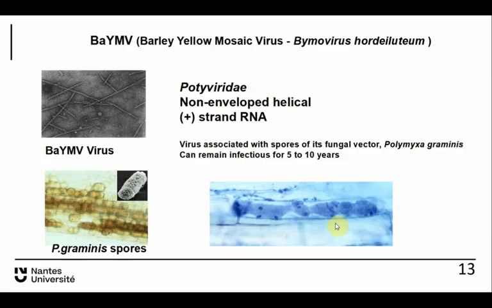So the real problem here is that the vector spores can remain dormant for 5 to 10 years, and the virus capsids that are associated with the spores can stay infectious also during that time. So it's an unusual example of where a virus can persist without active replication in a host.